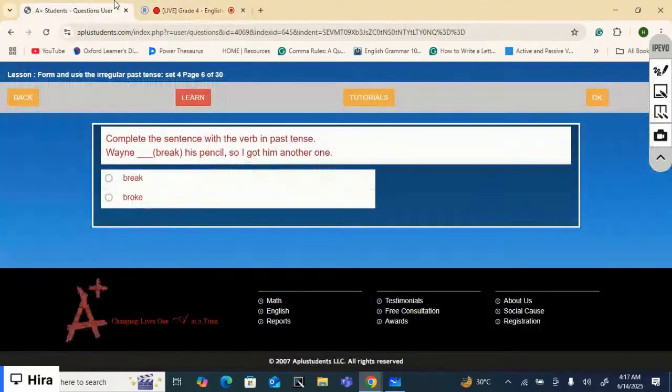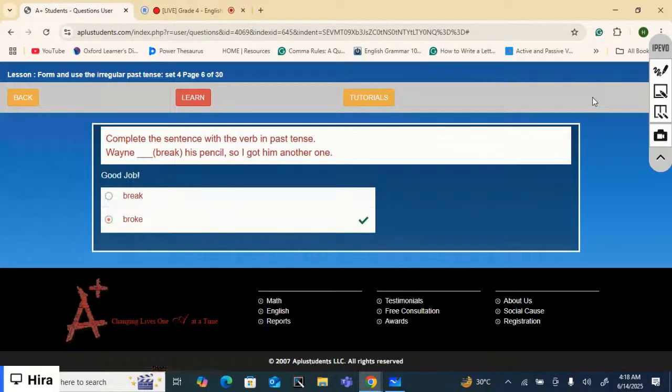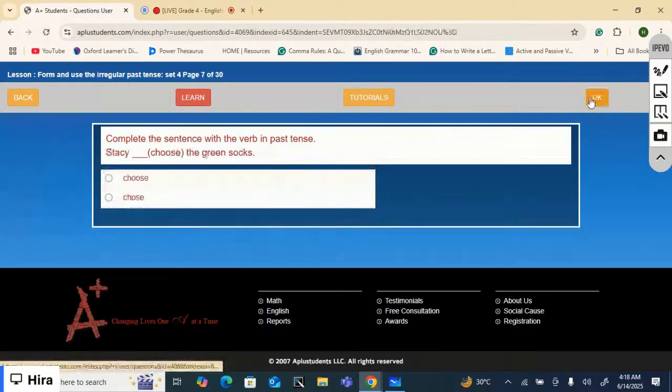Well, do we have an answer? Yes, broke is the correct answer. Wayne broke his pencil, so I got him another one. Stacy blank the green socks. The verb is choose. What is the verb in past tense?